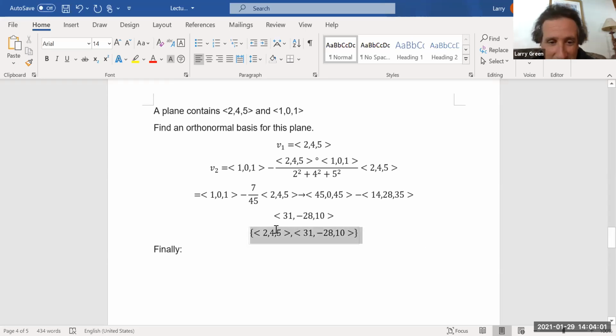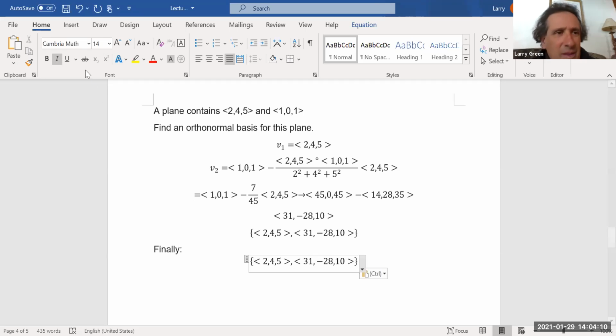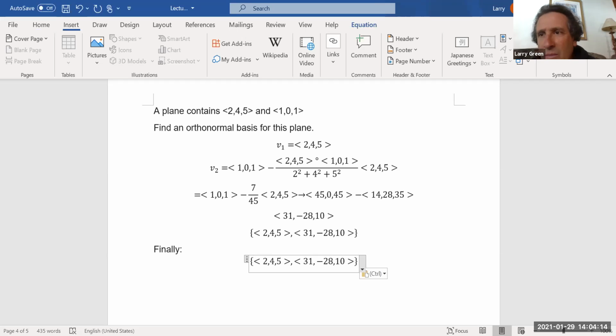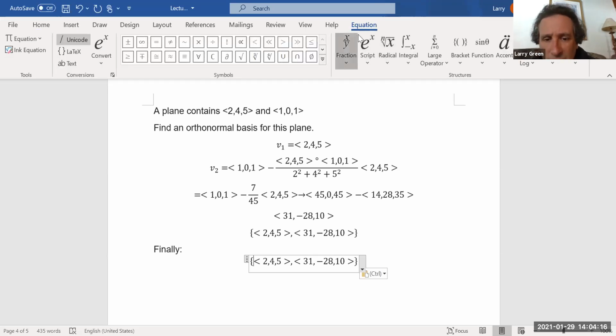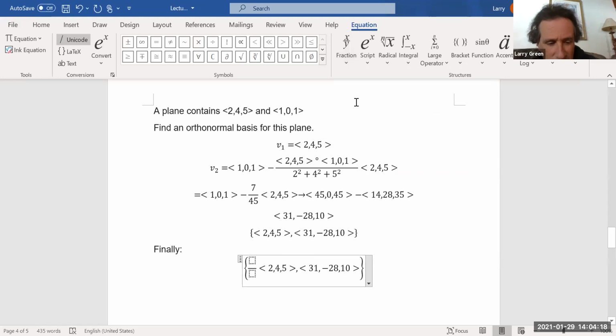And I think I'm just going to do it the easy way, which means I'm just going to write down one over 2 squared plus 4 squared plus 5 squared.